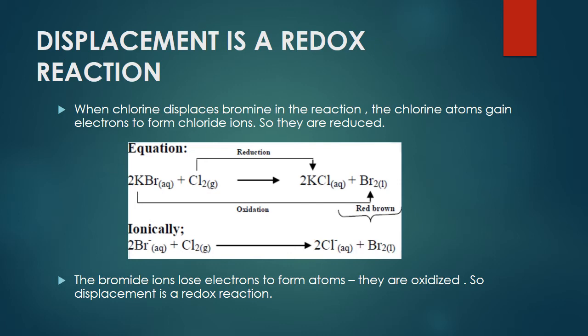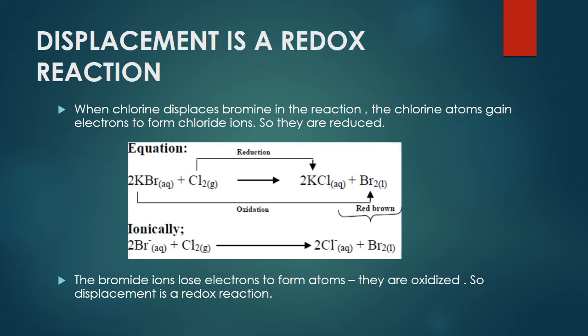Now what happened ionically? Ionically, bromide ions were present in the solution and also the chlorine atoms. But as the chlorine atoms can more strongly attract the electrons towards its nucleus because of its smaller size, and the distance between nucleus and outer shell is smaller than in case of bromine, that's why chlorine will attract the electrons from the bromide ions and it will form chloride ions.